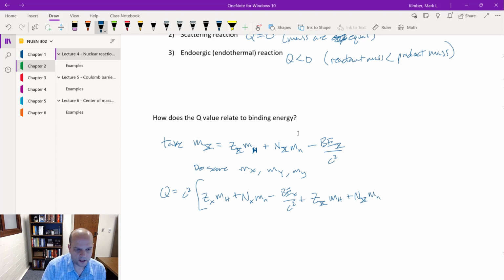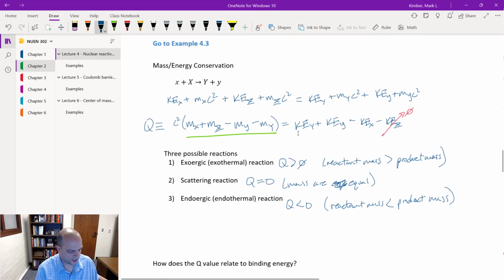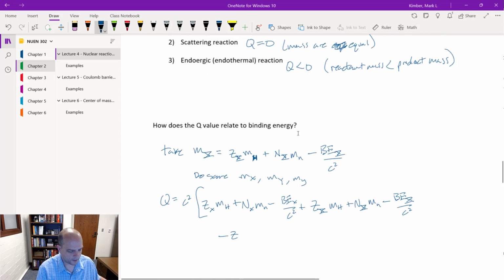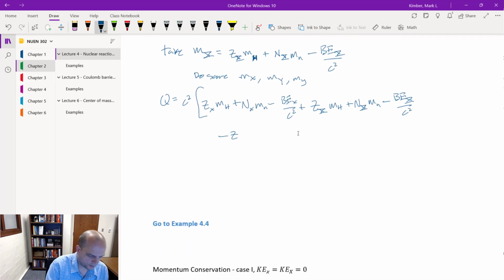And then I've got the stuff on the product side. Oh, I've got my binding energy too. I can't forget that. Binding energy divided by c squared. So that's everything on the reactant side. And now I'm going to subtract everything from the product side, because that's what I do in this equation here. I subtract my m and capital M. So this will be Z_Y m_H minus N_Y, the number of neutrons.